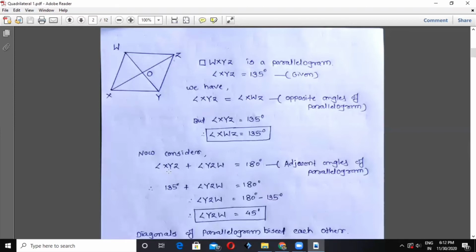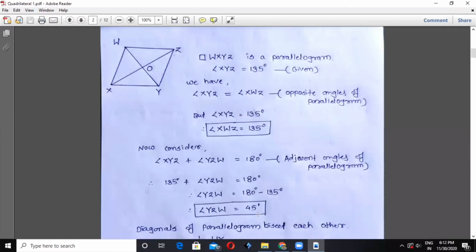Now here we have the measure of angle XYZ, it's given to be 135. So I'll replace it: 135 plus angle YZW is equal to 180 degrees. Now we'll transfer 135 to the right hand side to get angle YZW is equal to 180 minus 135. That is, angle YZW is equal to 45 degrees. So this is the answer of the second question.